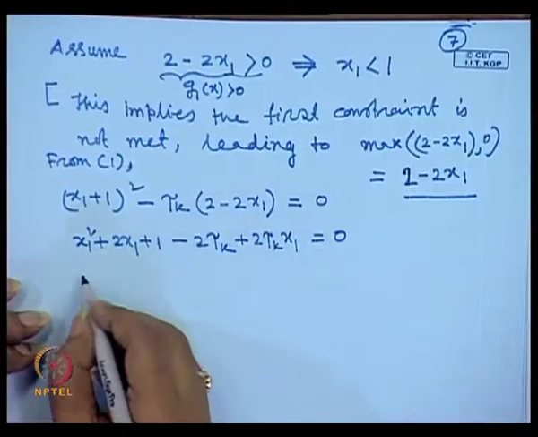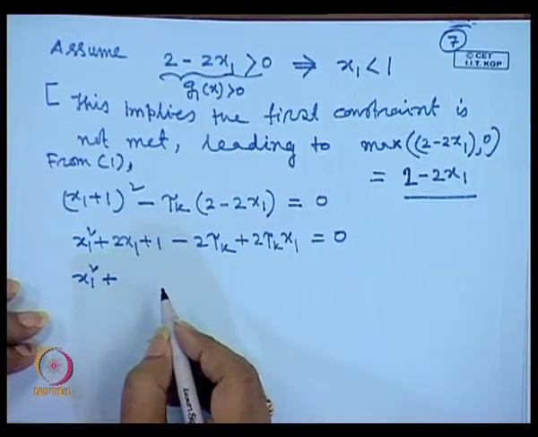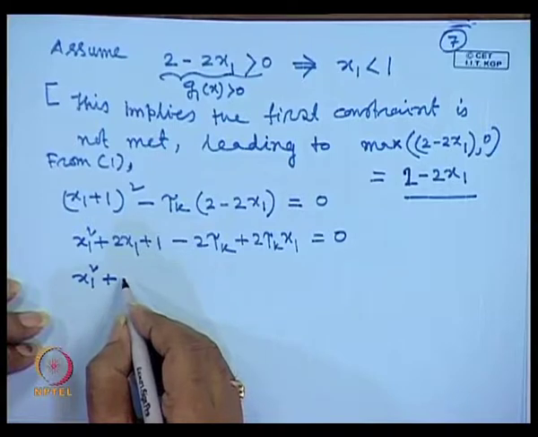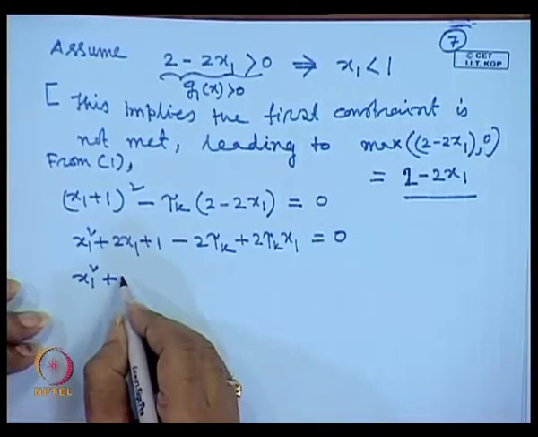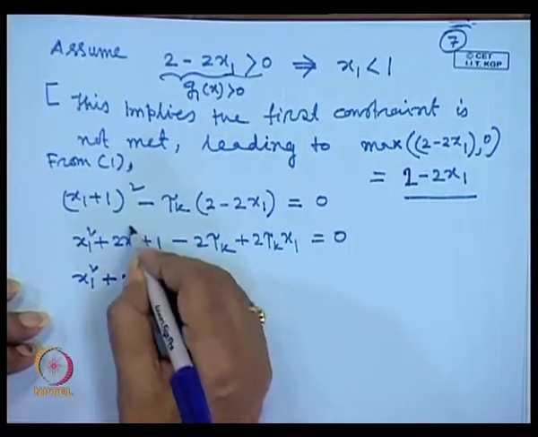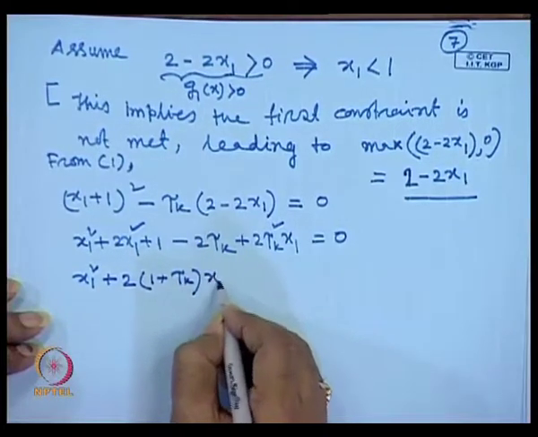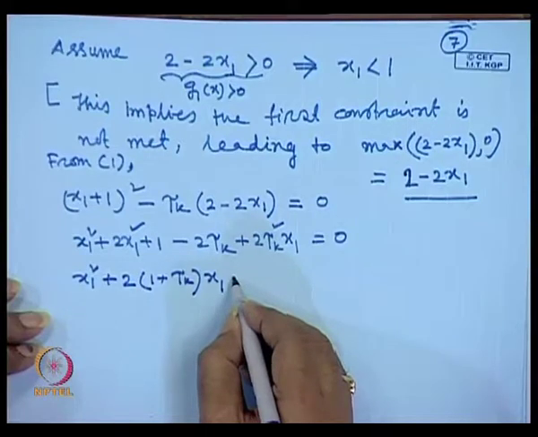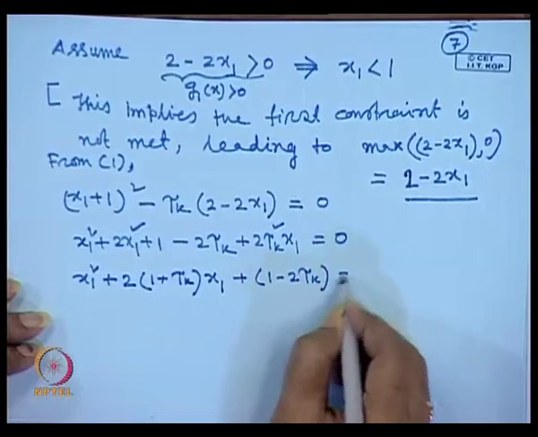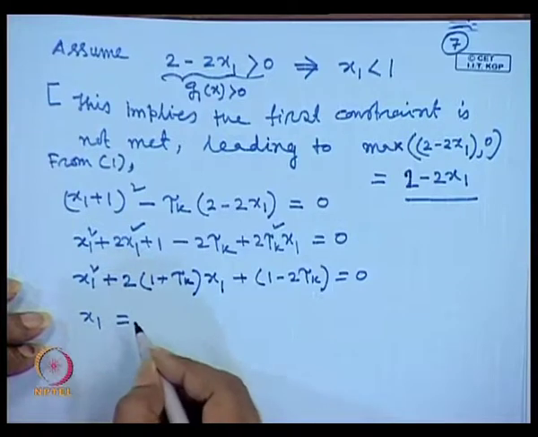So, now you see x 1 square plus 2, if you take the 2 common, then it will become 1 plus tau k from this one and this one, times x 1, then what is left is 1 minus 2 tau k is equal to 0. So, I can express x 1 in terms of tau k now.